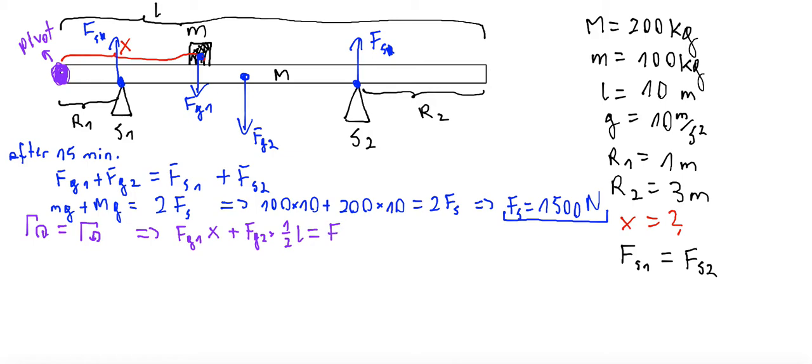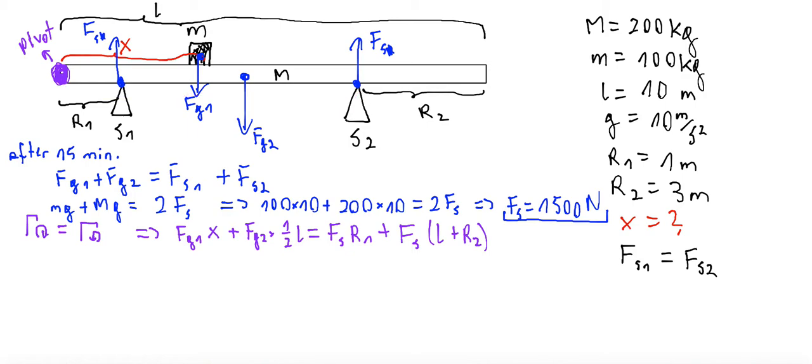So Fs of the first support at a distance of r1 plus Fs of the second support at a distance of L minus r2. This distance between the second support and the pivot is L minus r2.